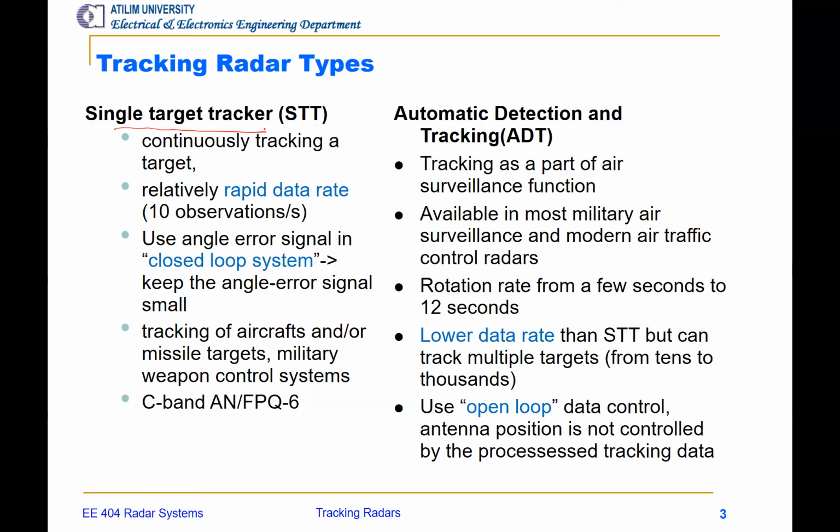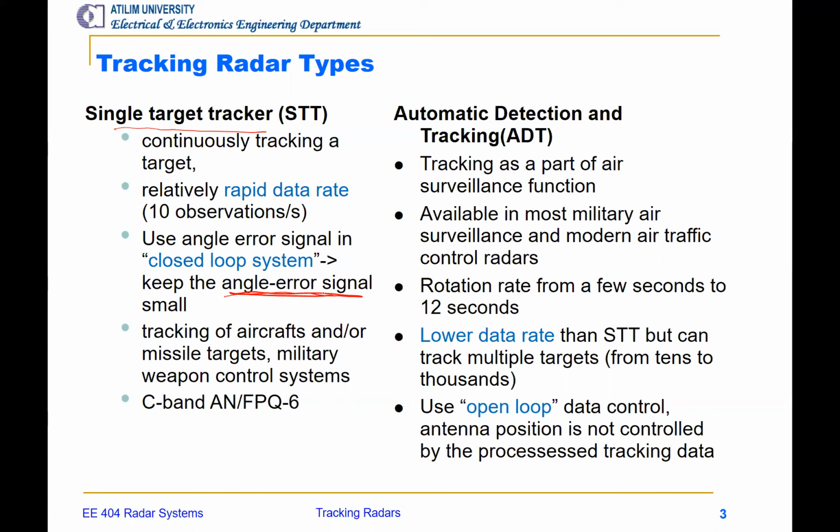In a second, it can report 10 observations. And it has a closed loop system, which means that it captures a signal and analyzes the angle error signal and then positions the beam to the target.